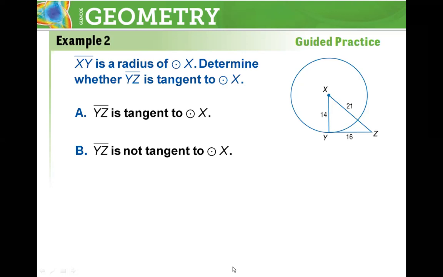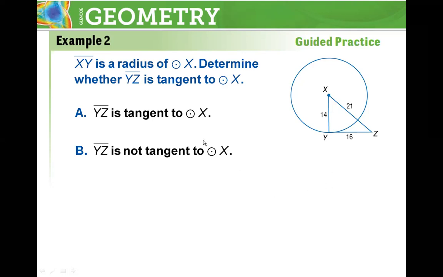Mazen? Yes, Mr. First, I need to prove whether YZ is a tangent or not. What shall I do in the first step? I'm going to make 14 squared plus 16 squared and see if it equals the hypotenuse squared.